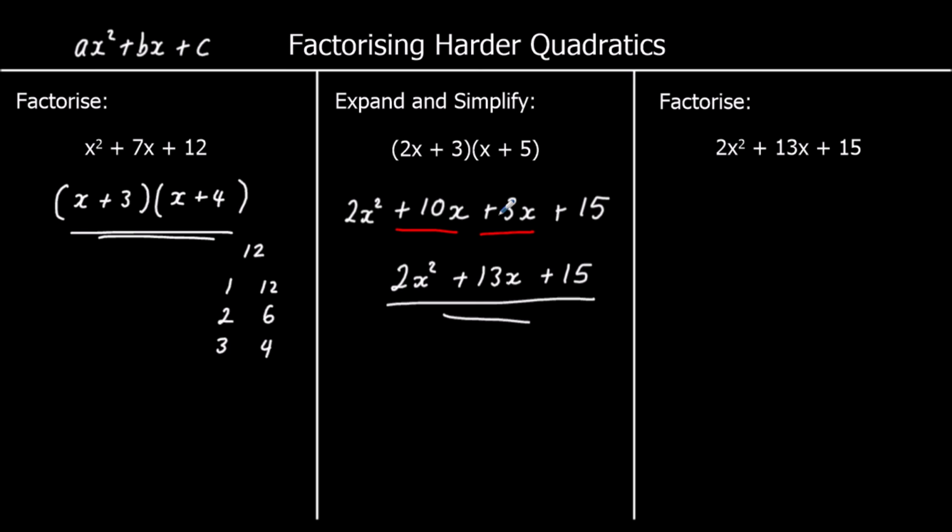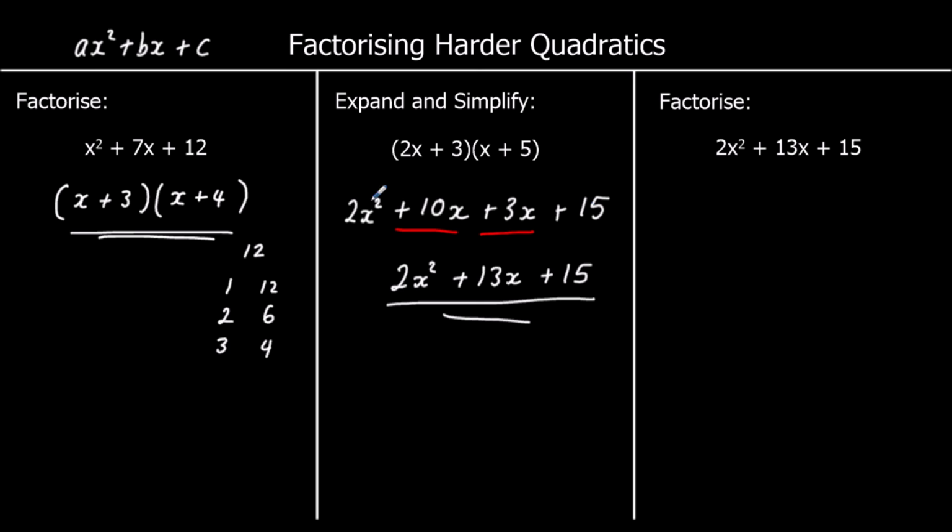But what we can do is look at these two numbers in red, the 10x and the 3x. We can see they do add to make 13. And they multiply to make, because we doubled one of the numbers, 2 times 15.